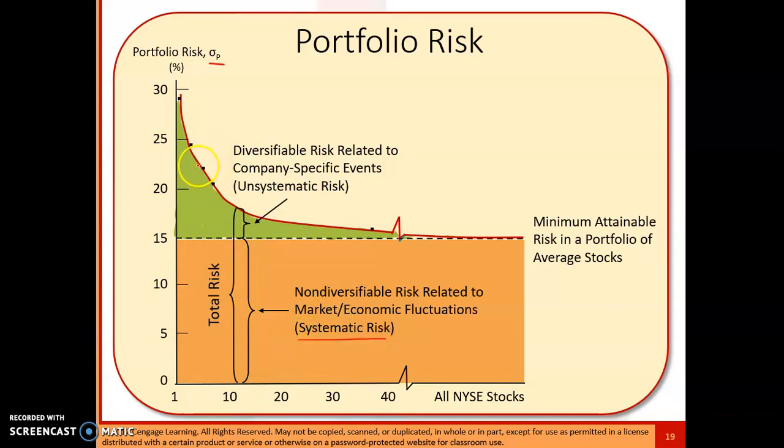Everything above that is our firm-specific or diversifiable risk, the risk we can reduce by diversifying away. As we add stocks, we reduce that risk. You see here at 10, we've eliminated a considerable portion of it. Somewhere in the neighborhood of 40, 50 stocks, it is believed that you can diversify away virtually all of the firm-specific risk.